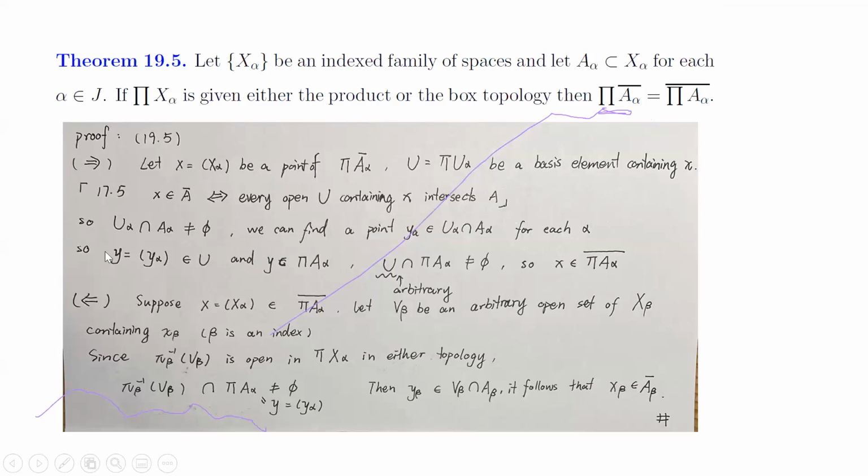I use this theorem, theorem 7.5, which means X is in the closure of A if and only if every open U containing X intersects A. So if X is in the closure of A, then U intersects A and will contain a point, for example, a point Y in the intersection. Then we can find a Y alpha in the intersection of U alpha and A alpha for each alpha.